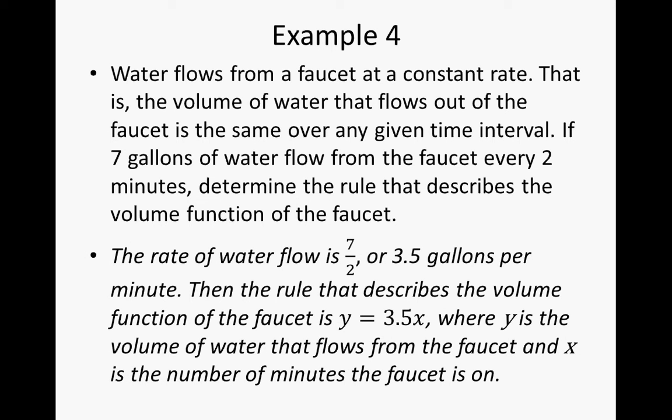Well, the rate of water flow is 7 over 2, or 3.5 gallons per minute. Then the rule that describes the volume function of the faucet is y equals 3.5 times x, where y is the volume of water that flows from the faucet and x is the number of minutes that the faucet is on.